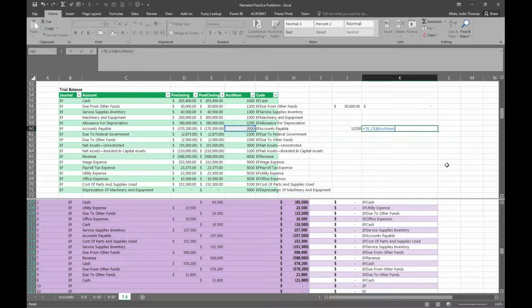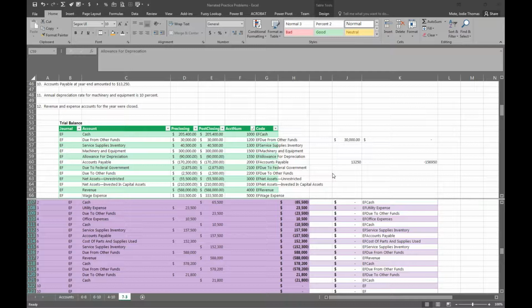Let's see, we can add this time because I put it in the opposite sign. That's not looking like the correct number, 13,250. And yep, it is right.